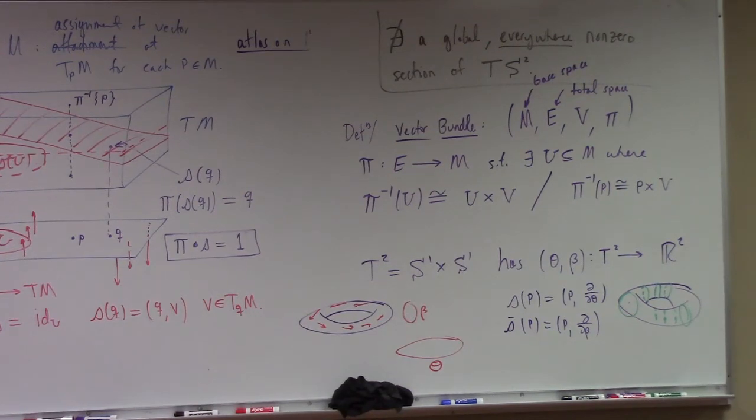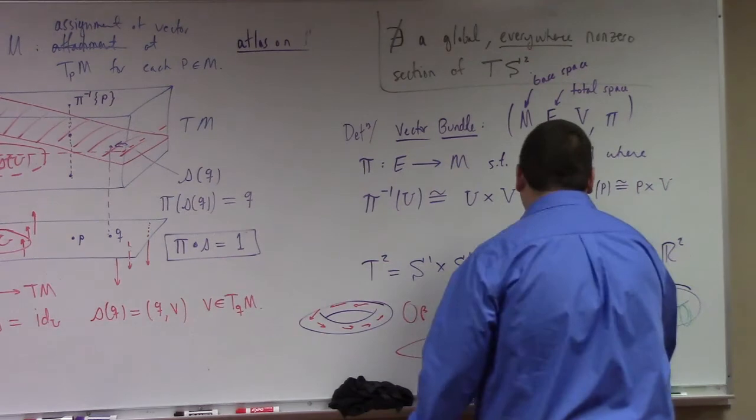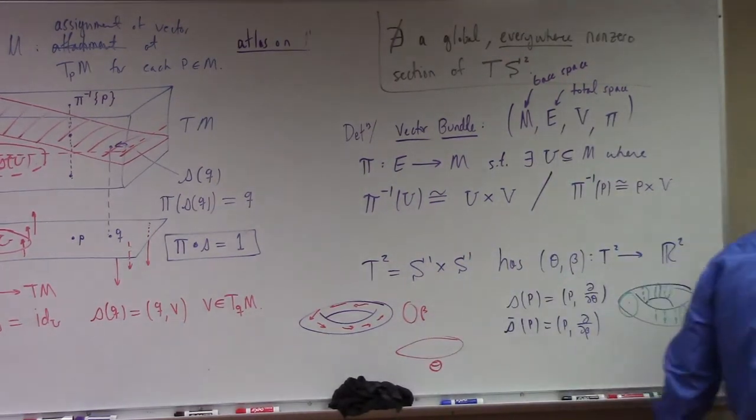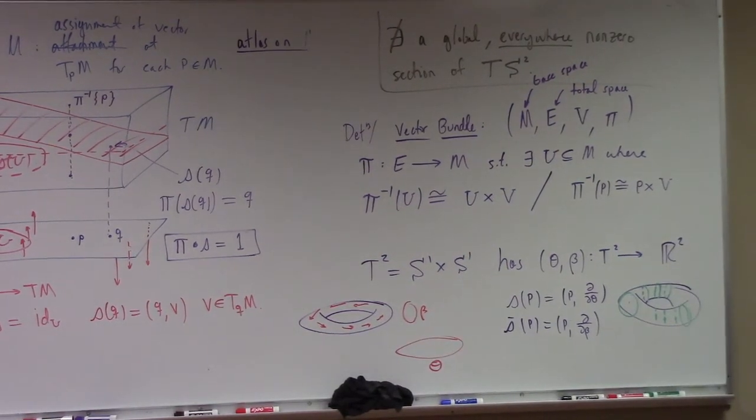So if you take that atlas, there's also a construction with the Cartesian product of manifolds. If I have manifold M1 and manifold M2, the Cartesian product M1 cross M2 is a new manifold, where the coordinate chart on (p1, p2) is, guess what? It's (x1 of p1, x2 of p2).